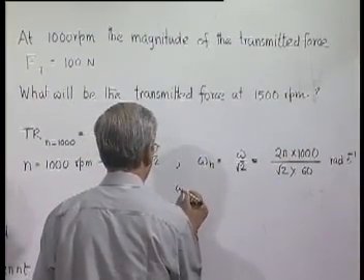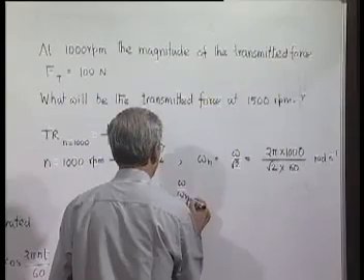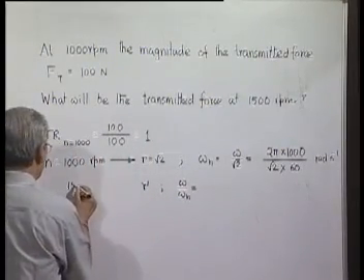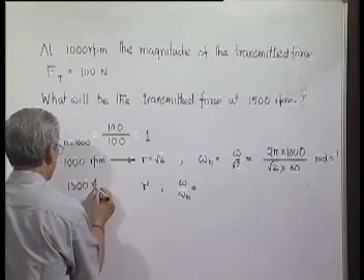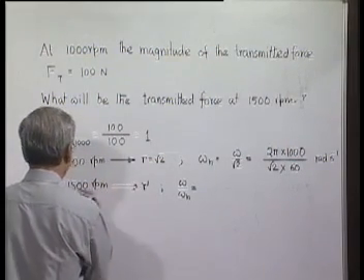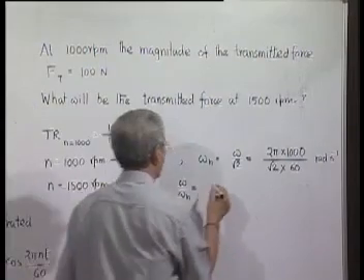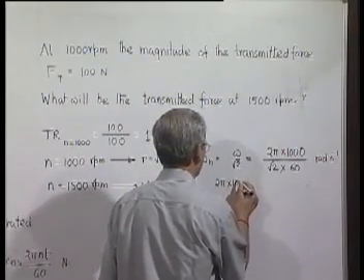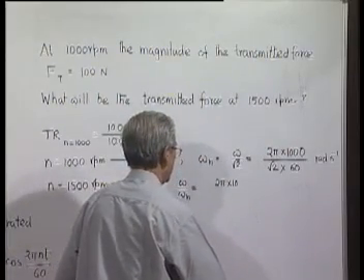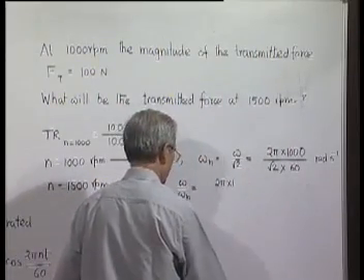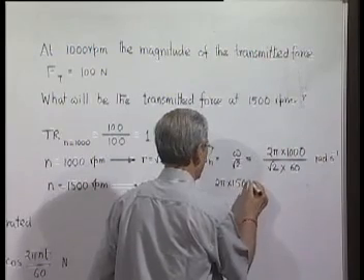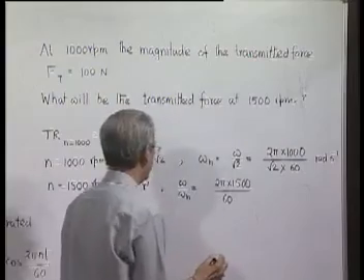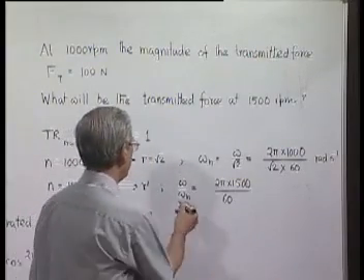It will be omega by omega n, where omega at 1500 RPM is 2 pi into 1500 divided by 60, divided by omega n.